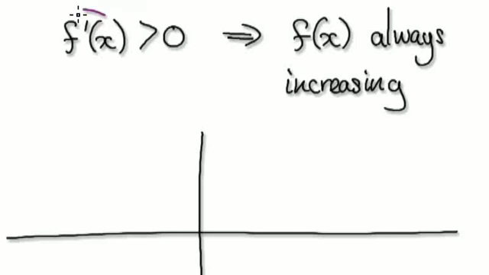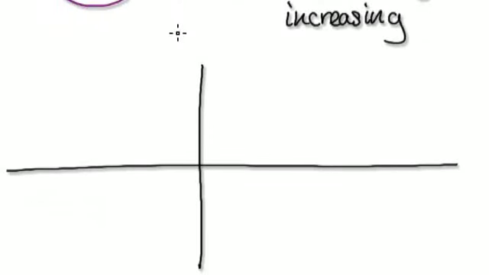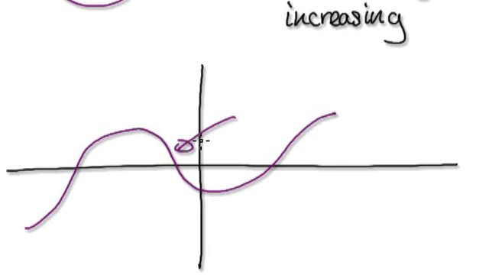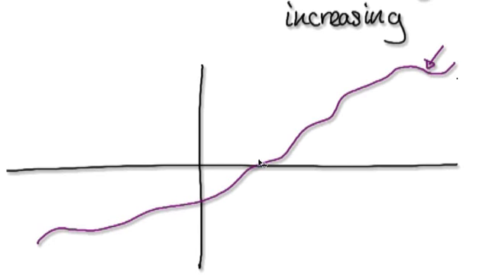So for example, if you try and draw a graph where the gradient is always greater than 0, you see this here is no good because here the gradient is negative. This here is negative now, so this here is no good.